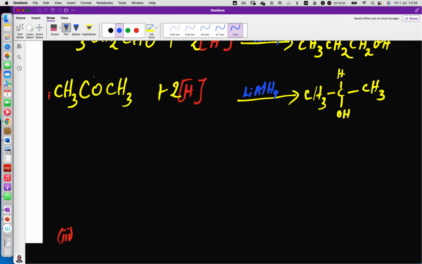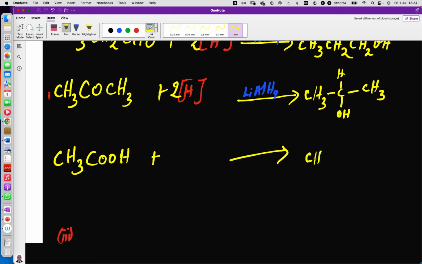This is ethanoic acid, CH3COOH, plus hydrogen, to give ethanol, CH3CH2OH, plus water, because there are two oxygens here.